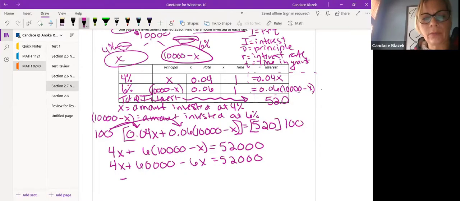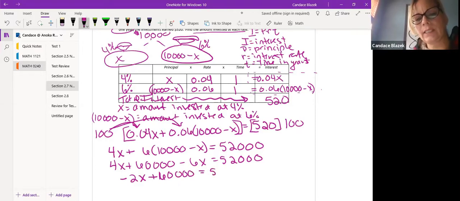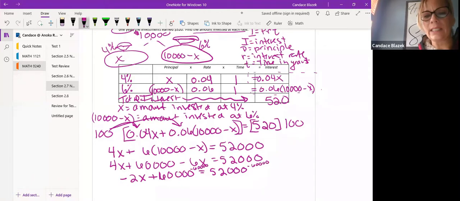Combine like terms. So we have minus 2x plus 60,000 is equal to 52,000. We're going to subtract 60,000 from both sides. That gives us our variables on the left and our constants on the right.